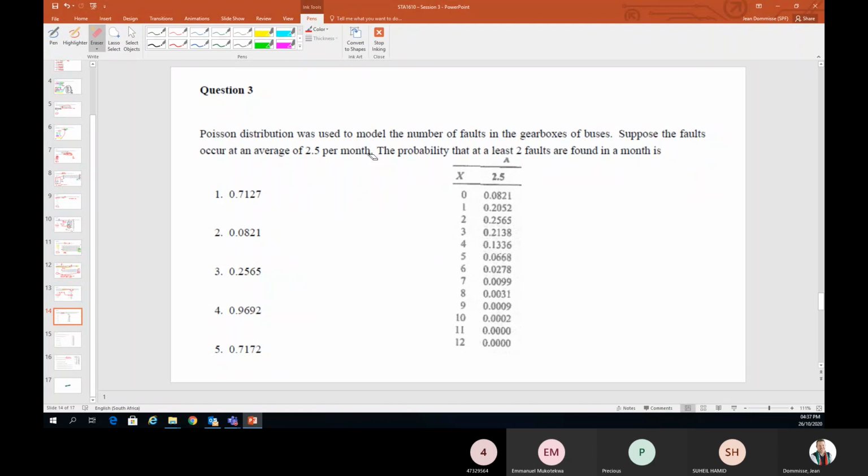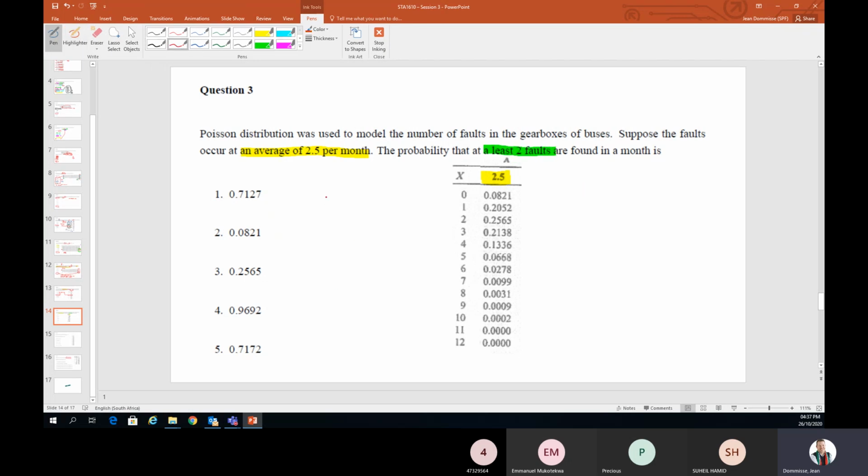A Poisson distribution was used to model the number of faults in the gearbox of buses. Suppose the faults occur on an average of 2.5. So we've got the 2.5, so that is the right table. The probability that at least 2 faults.